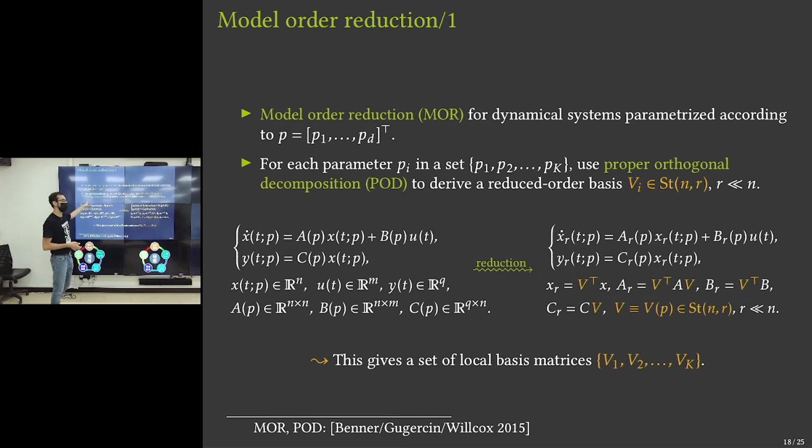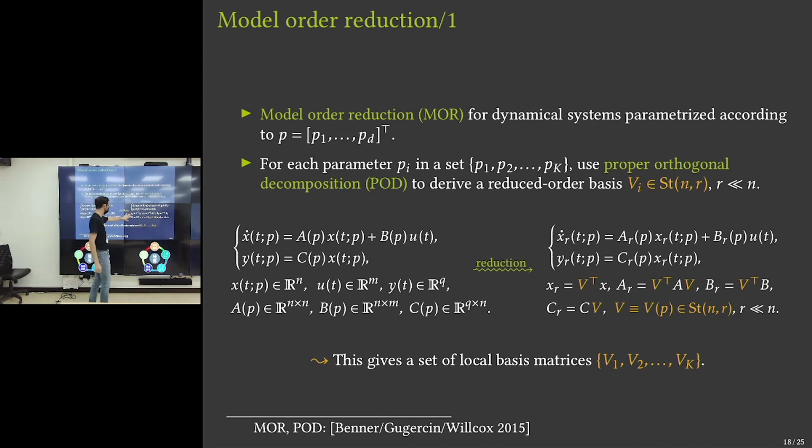That's also the reason why, at the beginning of the talk, I said that for the Stiefel manifold, usually n is very big and p is very small compared to n. So this is an instance of what I said before. Here the p, what I called p so far, is called r, because it stands for reduced order system.